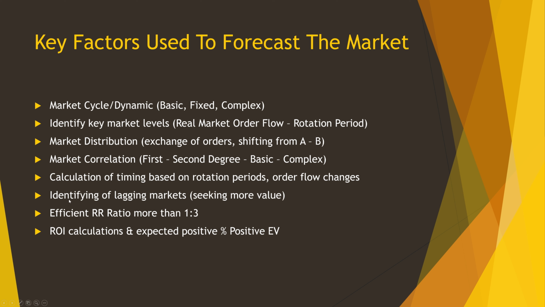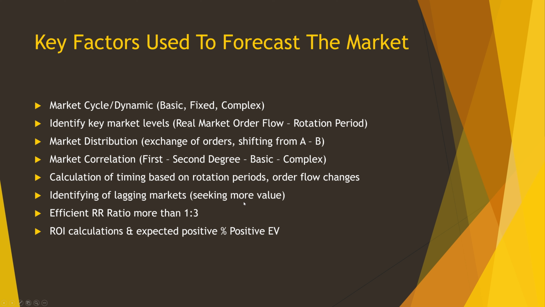We identify lagging markets, which means that we are seeking to find which instruments can provide us more value in terms of our entries and the expected, anticipated magnitude of the move. So how much do we expect the market to move and give us as many pips or percentages as possible?